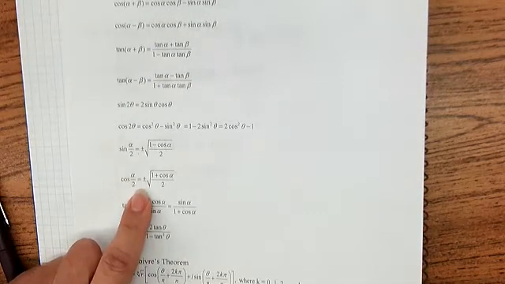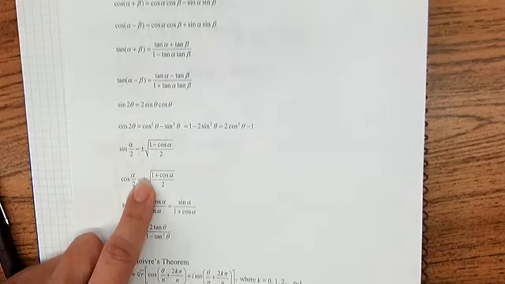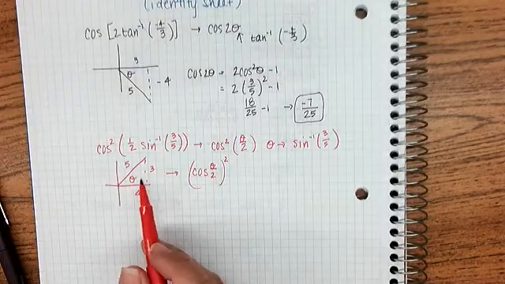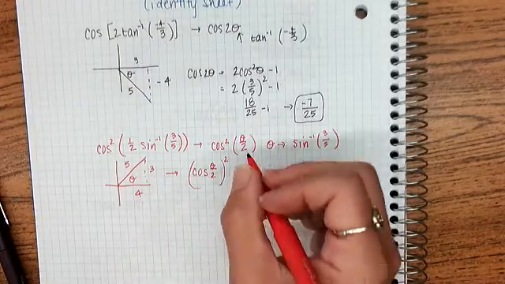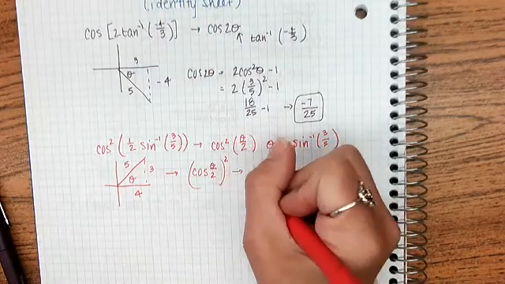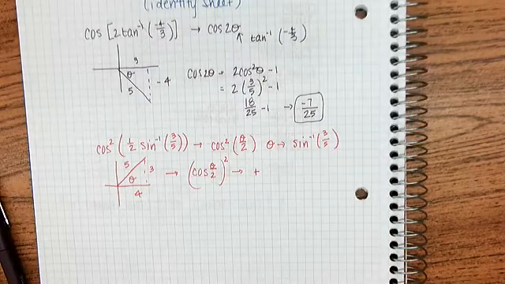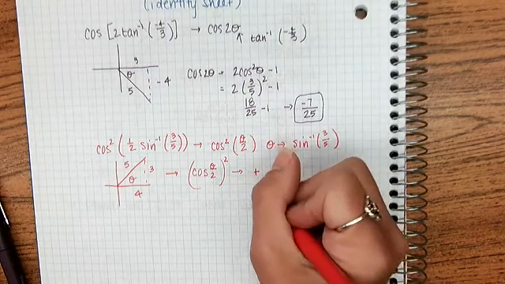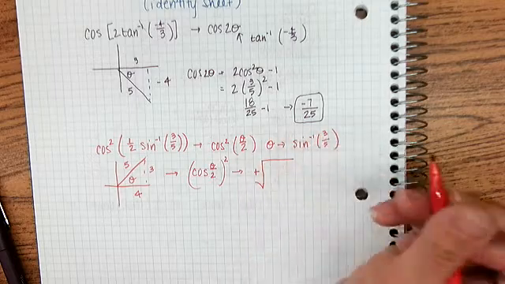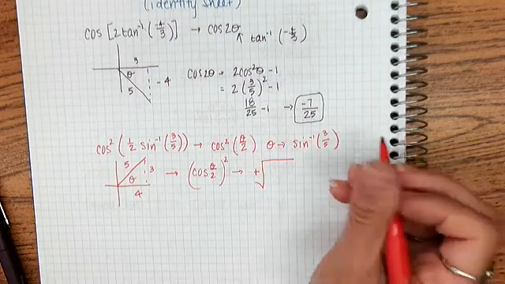This comes based off of which quadrant your theta is in, theta, alpha, whatever. So plus or minus, my angle theta is in quadrant 1. So I'm going to look at the positive root.